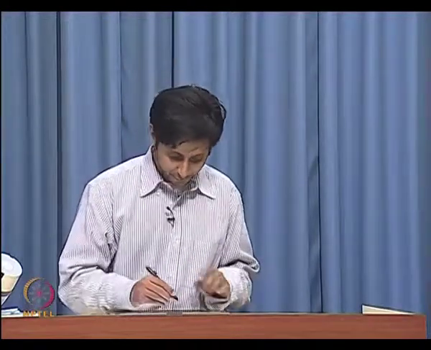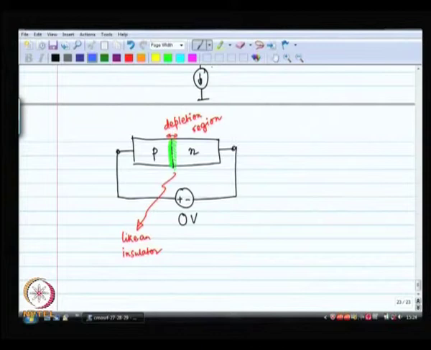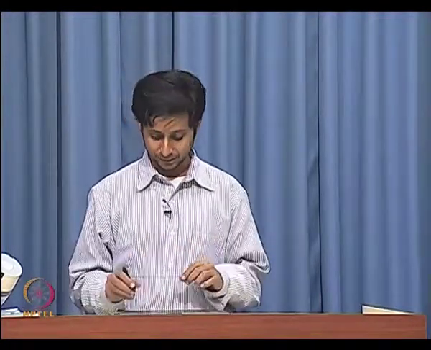So, what we have over here are two regions that are full of free conductors, which are separated by a depletion region, which is like an insulator.